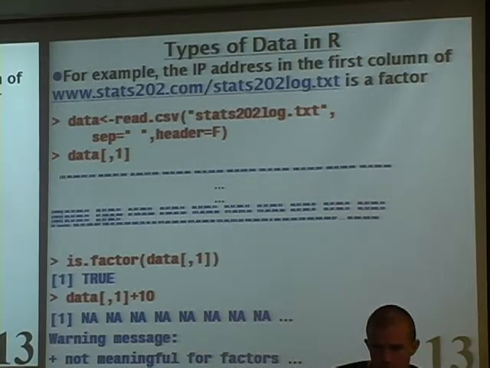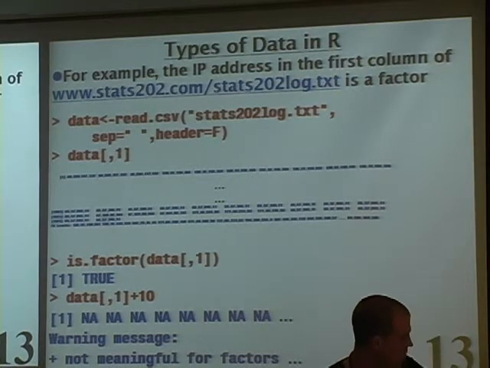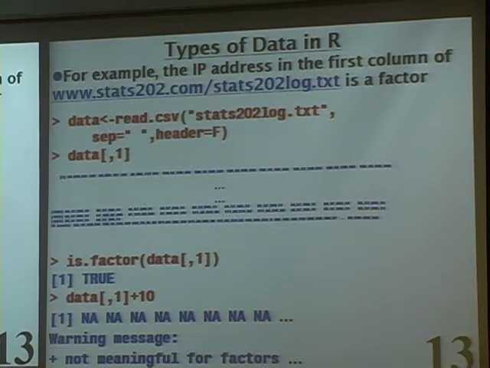If you go back to that stats202 log.txt file we had last time, remember the first column was IP address. Certainly we should agree that IP address ought to be coded as a categorical variable, or what R calls a factor. So let me make a note of this.